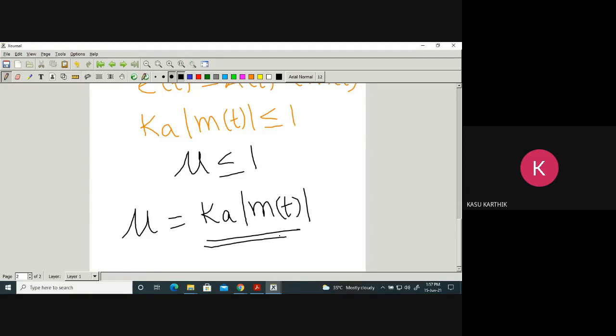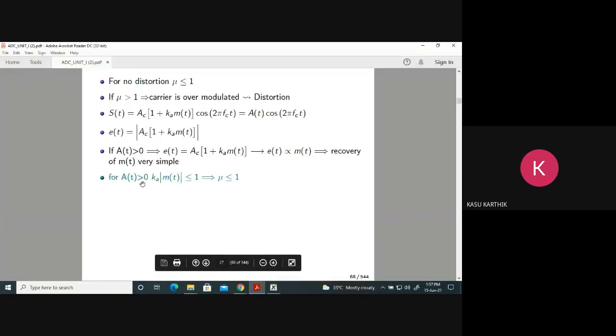This is the actual formula of mu, please remember this. So this is positive when Ka mod m of t is less than or equal to 1, which implies mu is less than or equal to 1. Mu is called the depth of modulation. It is a unitless quantity.